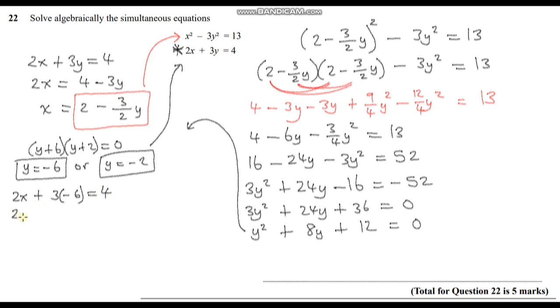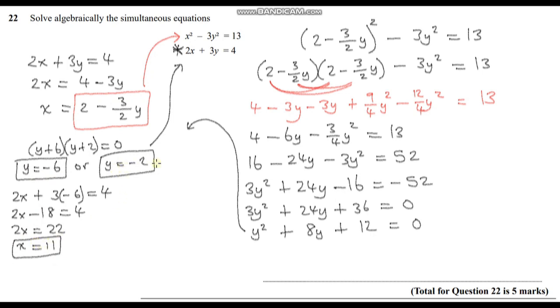So that gives us 2x, and then 3 times negative 6 is minus 18 equals 4. So then if we add 18 to both sides, we get 2x is equal to 22. Therefore, x equals 11. So when y equals negative 6, x equals 11.